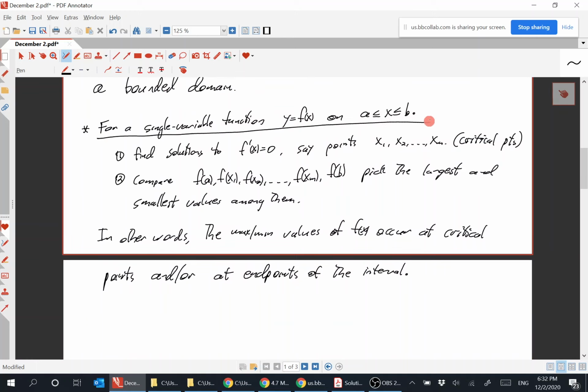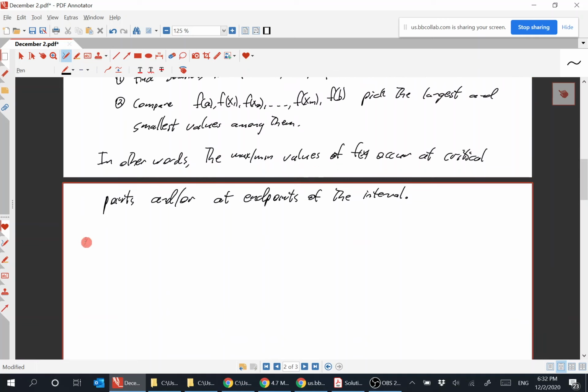For a two-variable function, or more, 3-variable, 4-variable, 5-variable, z equal to f of x, y on a bounded domain. So here the domain doesn't have to just be an interval anymore.